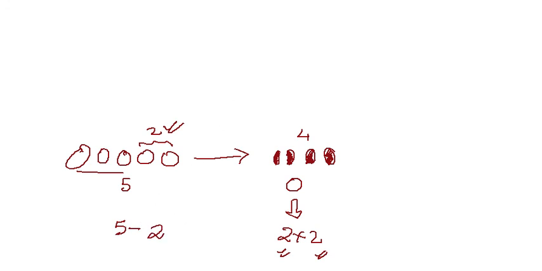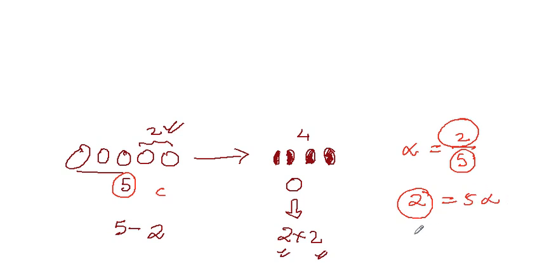Exactly like that, instead of the 5, let's say we took C molar concentration of the solute, and here the degree of dissociation, in the cookie example, was: out of the total 5, 2 was broken. So this 2 would have been 5 times alpha.